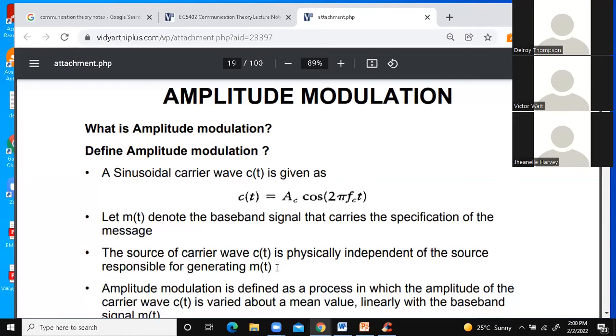So you are independent of the vehicle, right? Somehow you and the vehicle are going to combine and move from point A to point B. So the source of the carrier wave, c(t), is physically independent of the source responsible for generating the information.